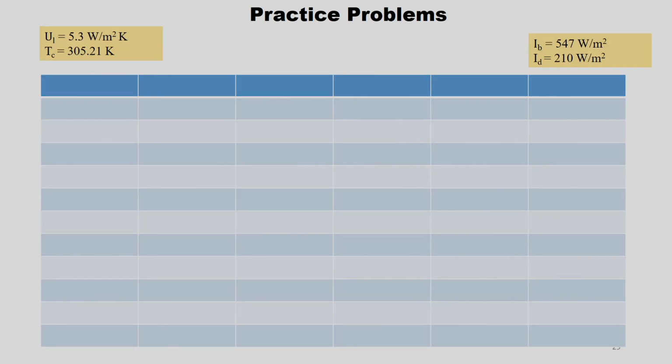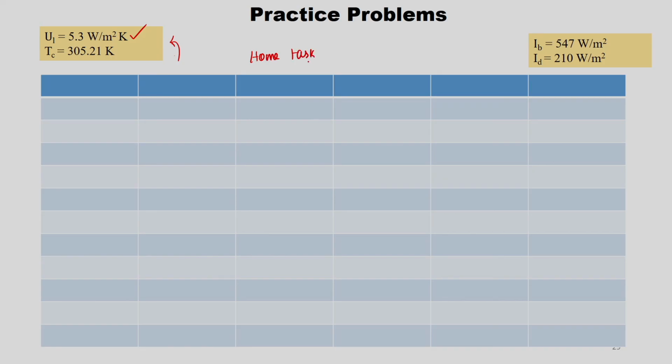So, if you want to check correct values, here I have given UL taken as 5.3 watt per meter square Kelvin and TC taken as 305.21 Kelvin. For this, what are all the parameters we are getting and what the values are, you can take it as a home task.